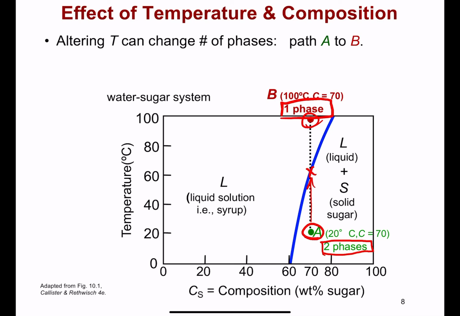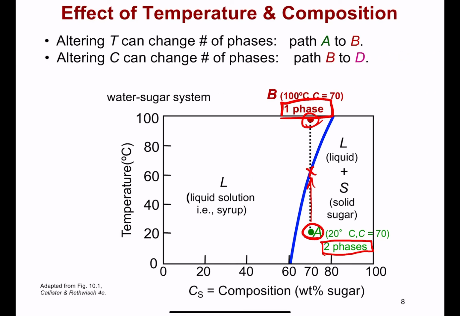Okay, so this is something you perhaps already know. If you wanted to dissolve more sugar into syrup, you might try to add that solid sugar and warm the solution to cross the solubility limit, that is our phase boundary.